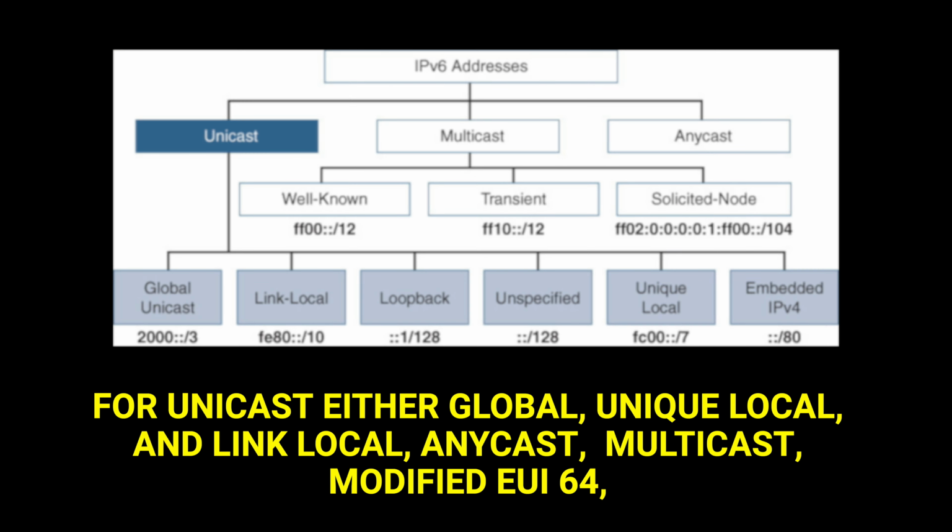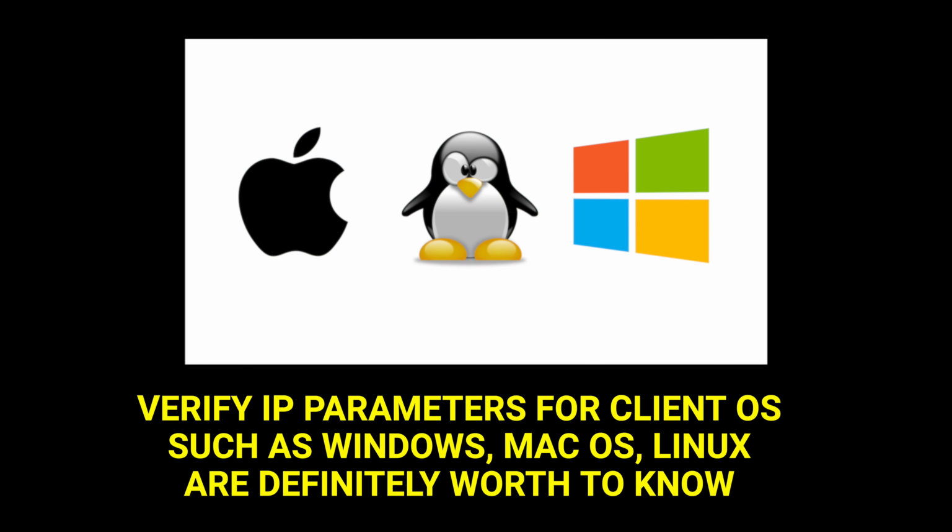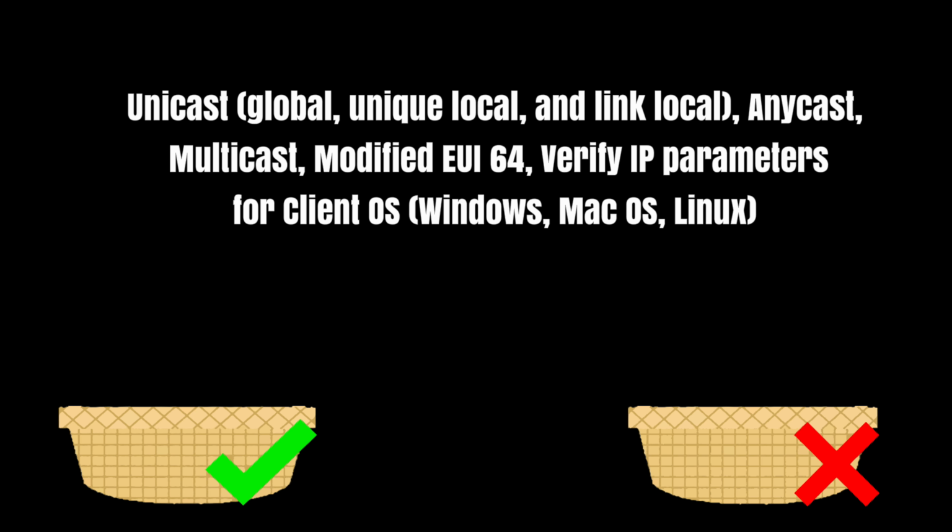For unicast, either global, unique local, and link local, anycast, multicast, modified EUI-64. Verifying IP parameters for client OS such as Windows, macOS, and Linux is definitely worth knowing. It will help you in your daily cloud engineering job, so it's for the green bucket.